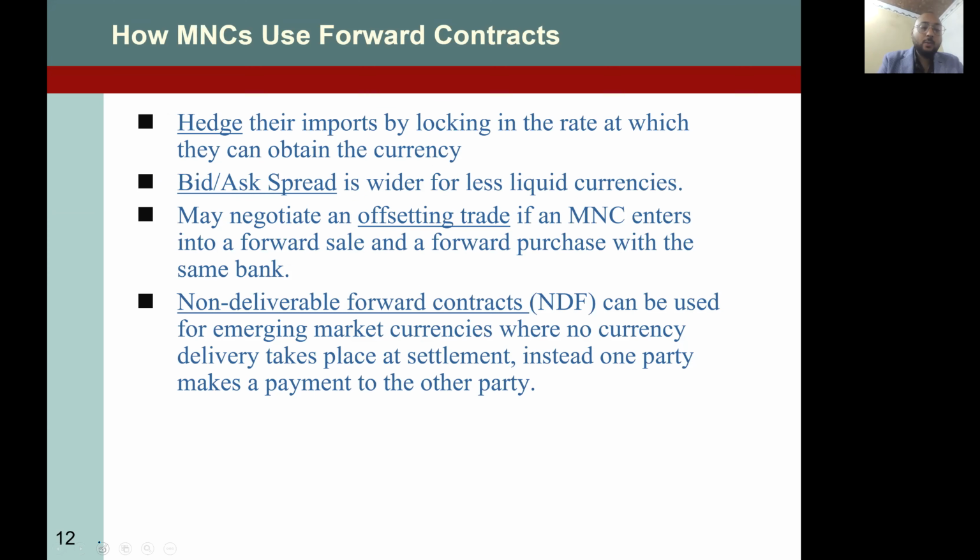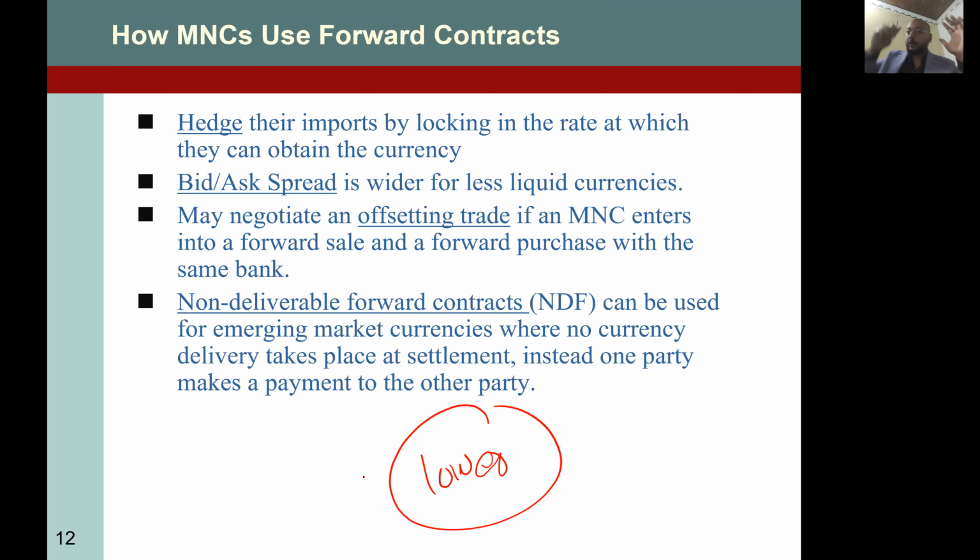The MNCs want to pay lower for their purchases. What is the formula? Buy low, sell high. All right. Your selling price is high, your cost is low, so you'll have a bigger profit.